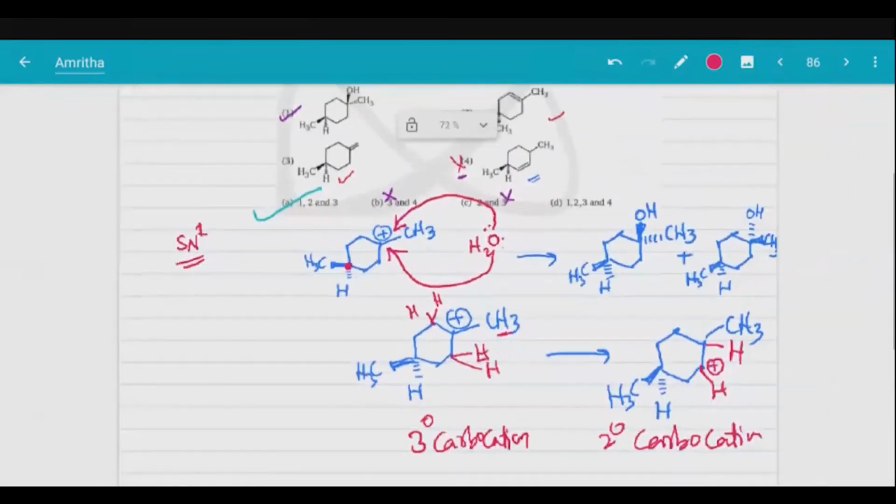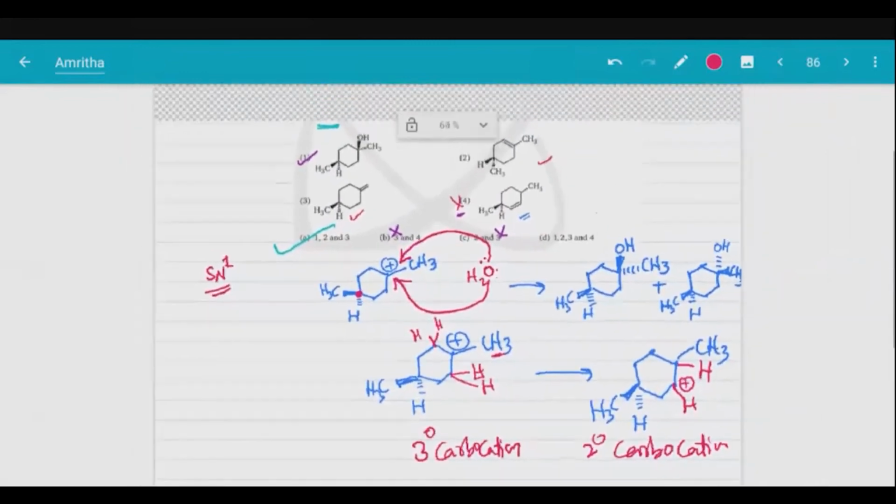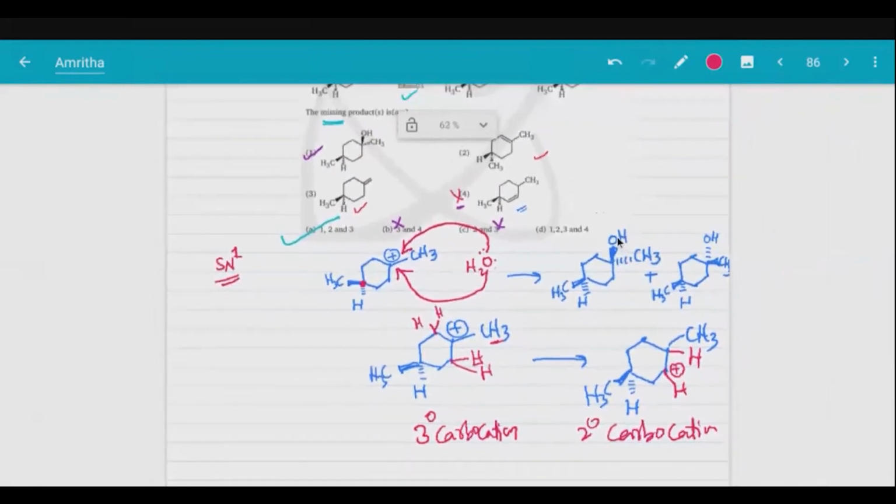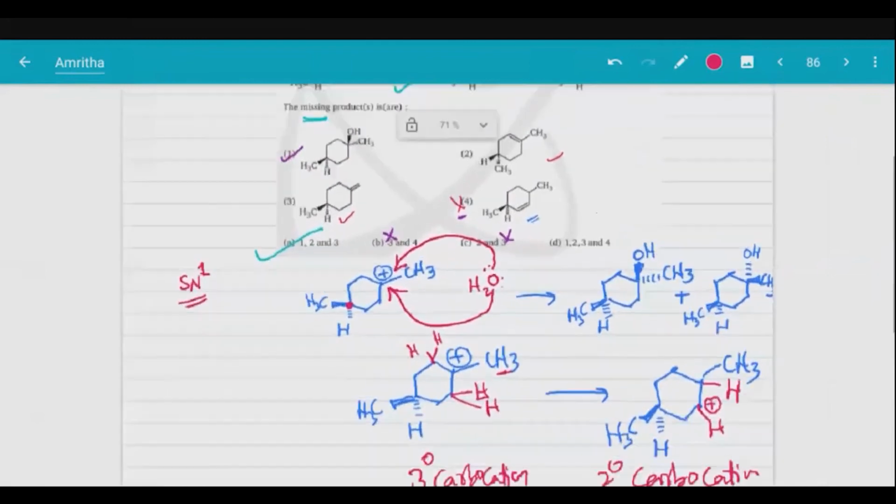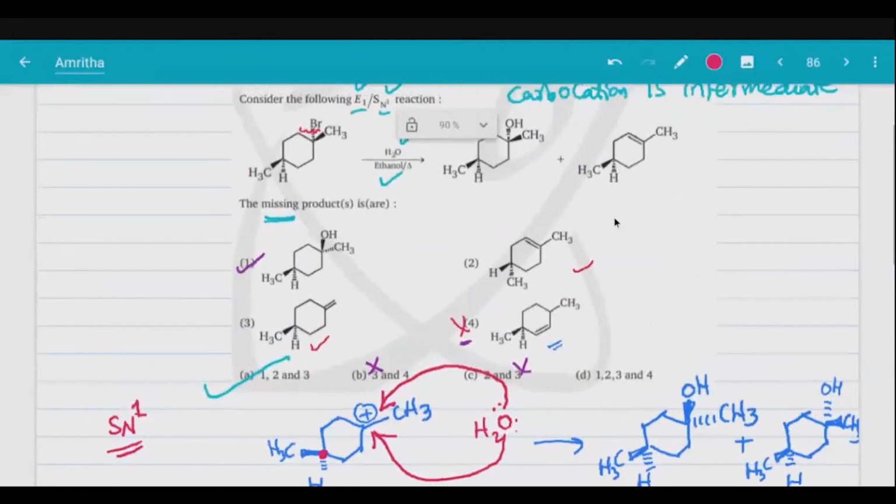1 is substitution, possible, because OH can be up, OH can be down. So 1, 2, 3. See this again. Any doubt here?